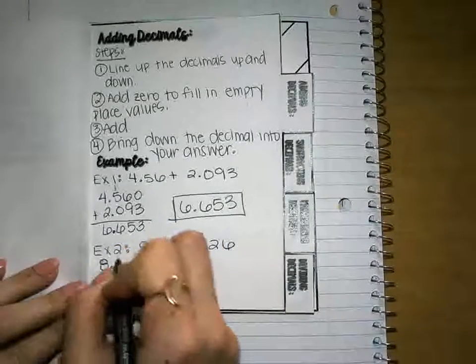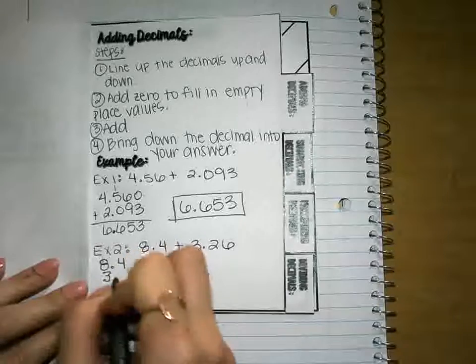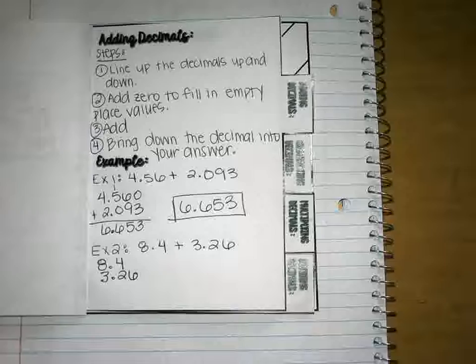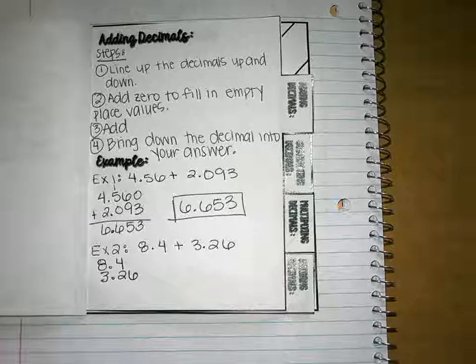Perfect. Line up your decimals. So I'm going to put 8.4 on top, 3.26 on bottom. Could I flip-flop those, guys? Could I do 3.26 on top and 8.4 on bottom? Yeah, only because it's adding. It'll work.